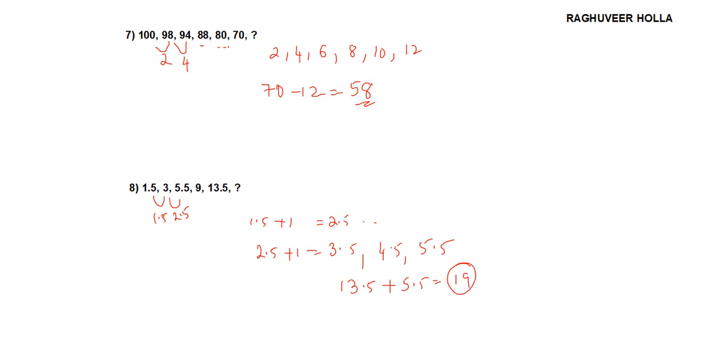So let us look at another sequence here. What we find here is 100 multiplied by 2, we get 200. Then 50 divided by 2 is 25.